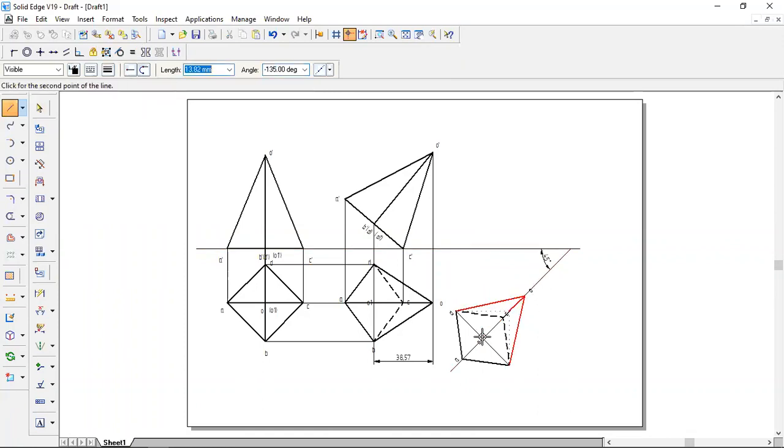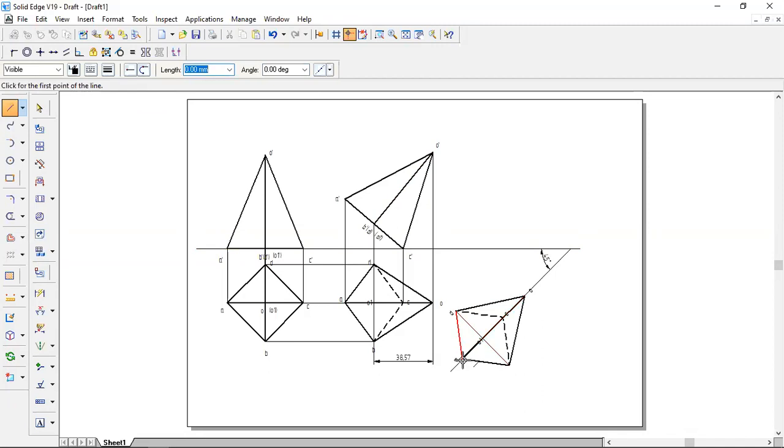This is a square pyramid resting on one of its corners on HP, and the axis is inclined at an angle of 40 degrees, and the apparent axis is also inclined at 40 degrees with HP. Now you need to draw the front view by projecting from each corner.